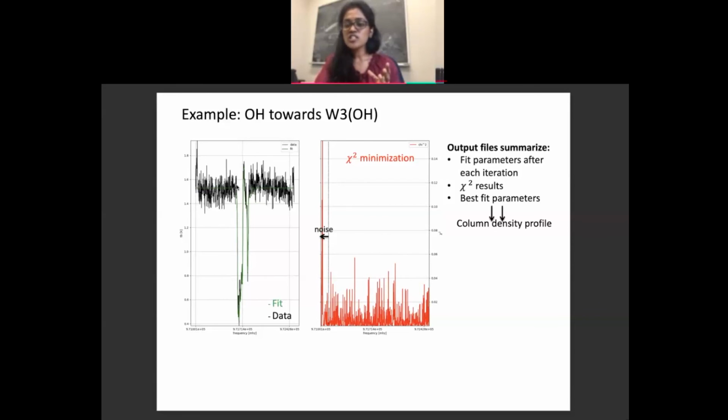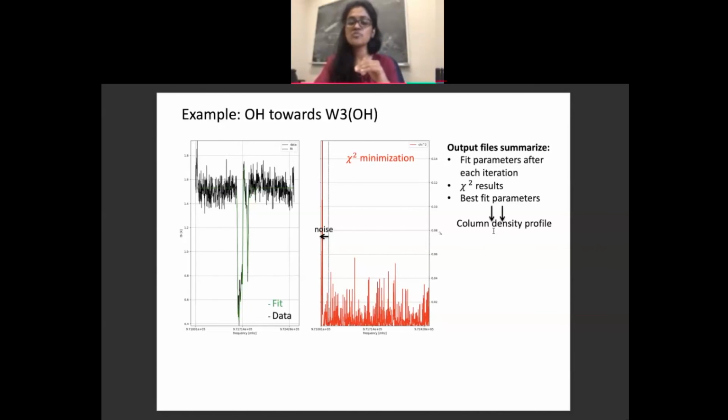So the main outputs are the fit parameters after each iteration, because you might keep adding components, the chi-square results for each iteration, and the best fit parameters once you're done. These best fit parameters are what we translate into column densities because those are the values that we include as our input.